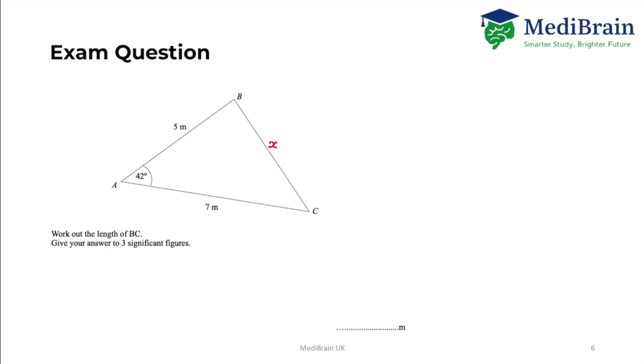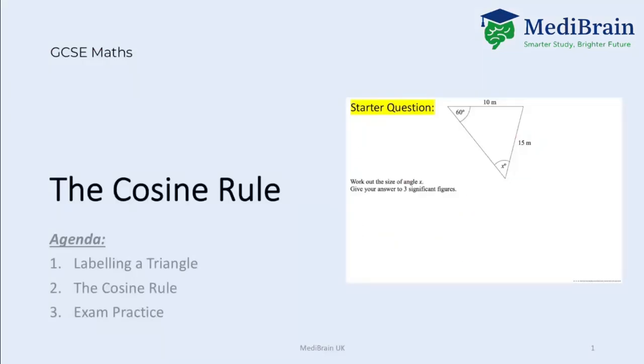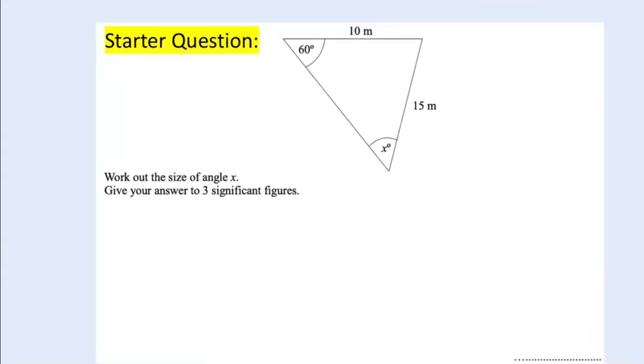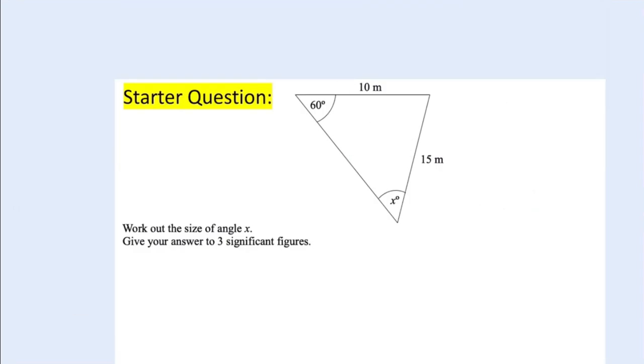Okay, I'm going to go through the answers now. Before I go through the answer, I'm going to clarify when to use the sine rule and the cosine rule. If we go back to the first example that we looked at over here, this is the sine rule. Why is this the sine rule?